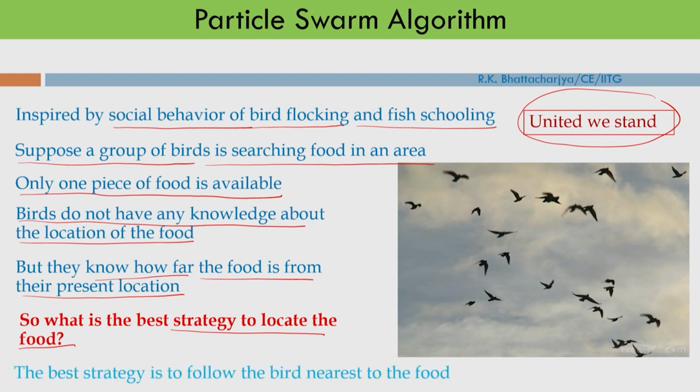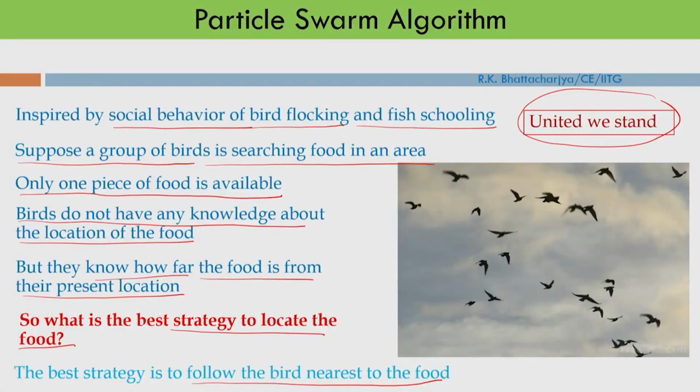The best strategy is to follow the bird nearest to the food. They communicate with each other. A bird has the information about his own position, how far he is from the food. Similarly, they also have the information about the location of other birds, and therefore the best strategy is to follow the bird nearest to the food.